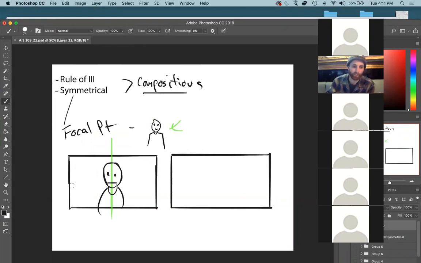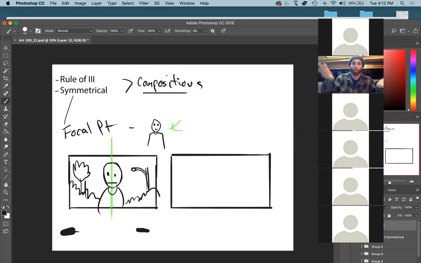That just means something's in the middle. Then oftentimes, not always, things on either side are similar and weighted the same. So even if you have something on one side, like a tree, and a lamppost over here, even though they're not the exact same object, it still weights the two sides of that composition the same.